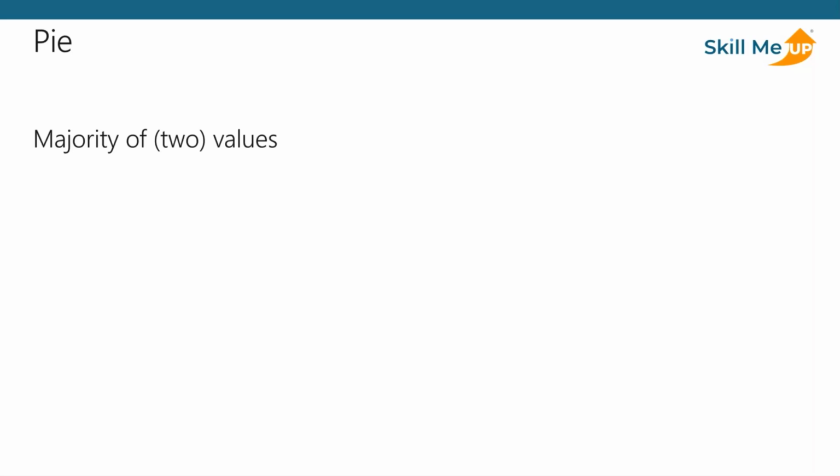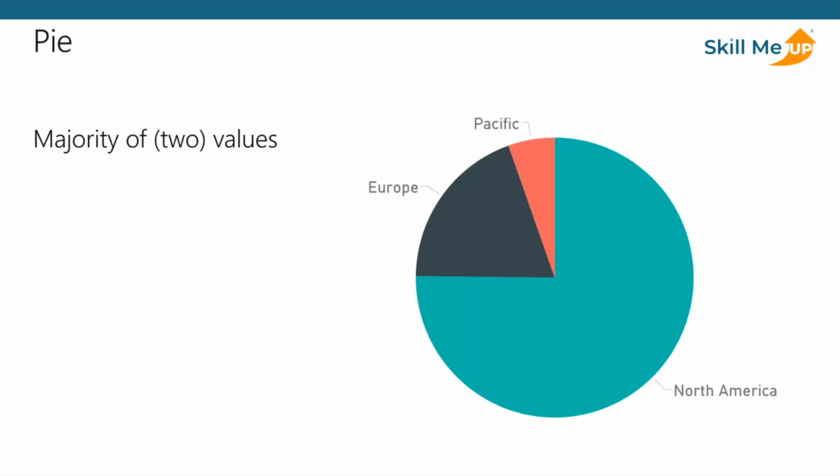So if you're looking for majorities, pie charts are nice because then you see what's the biggest item there, what's more than half, or which categories are summing up to more than half. Then you see the majority here. So if I ask you what is the biggest region here, or which one has the majority, then it's really easy to see the green one, North America. That's the use case for the pie chart.